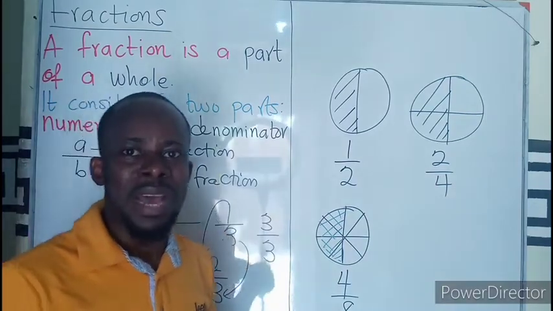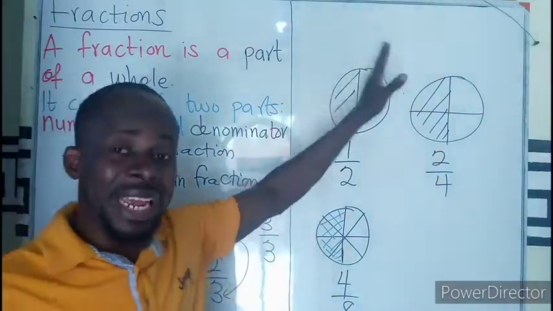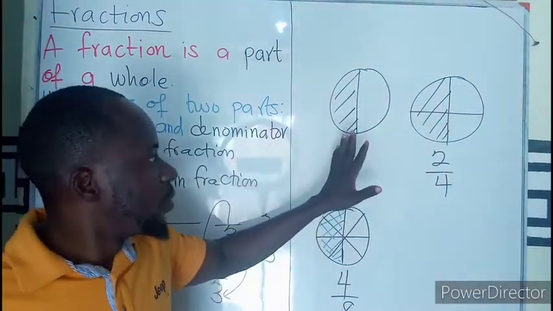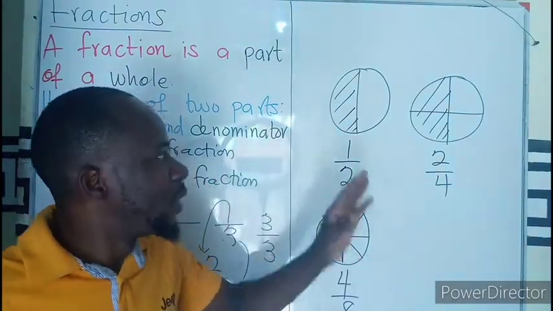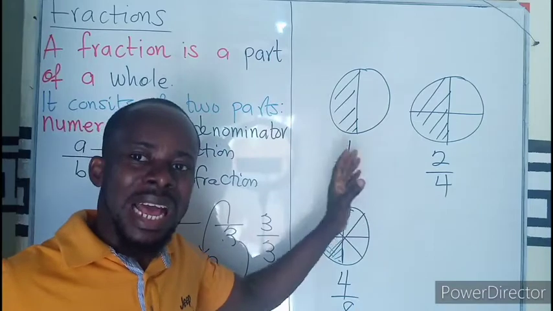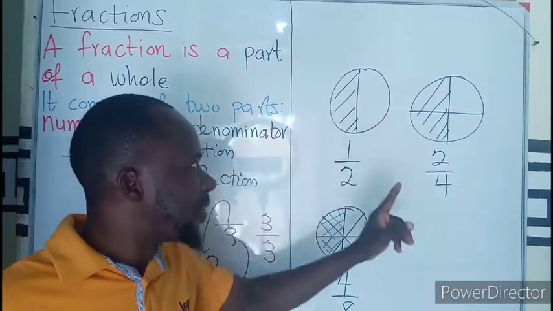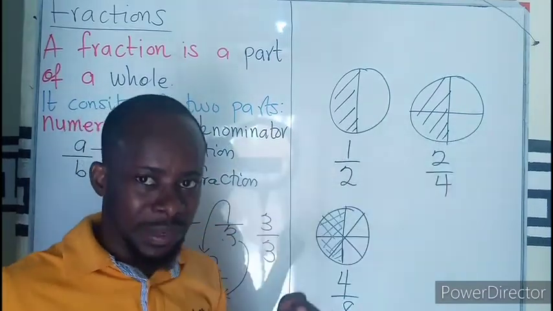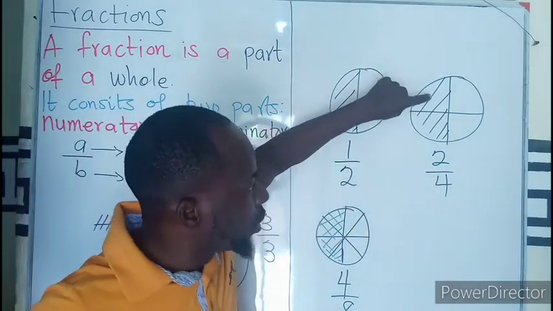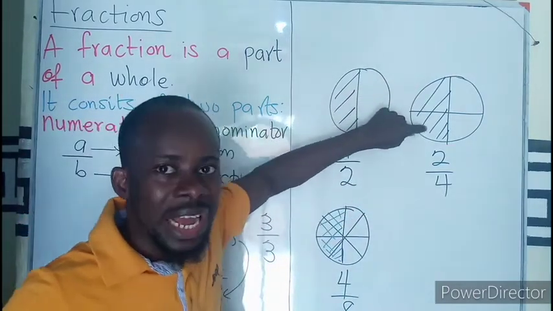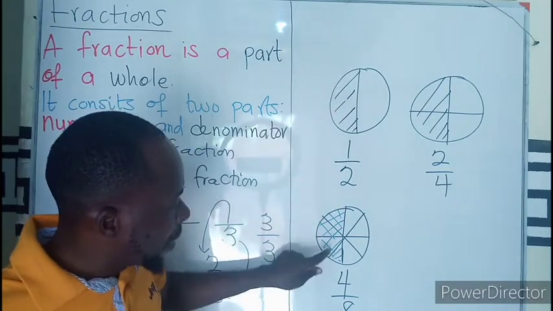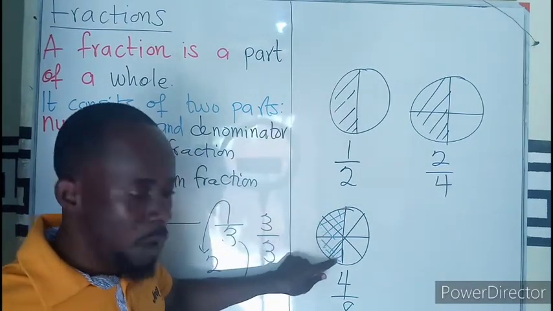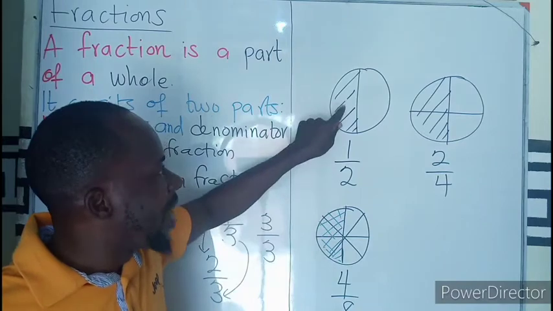But if you look at the 3 diagrams, you can see that if we are saying they are all the same orange, it doesn't matter how many parts I've divided. I'm still taking the same quantity. If I put this 1, 2 together, I'll be having 1 of this. If I put 1, 2, 3, 4 together, I'll still be having this.